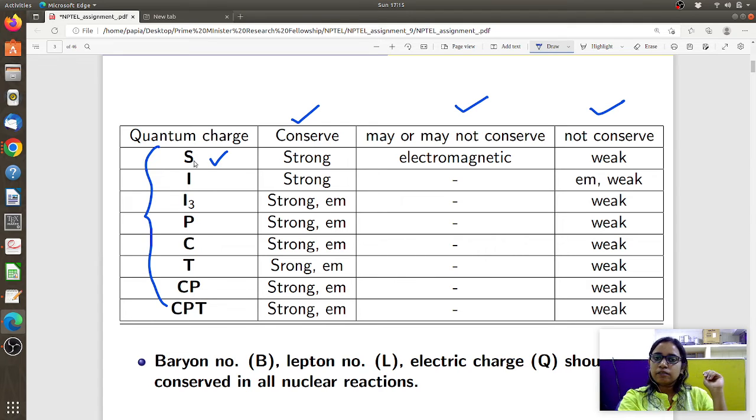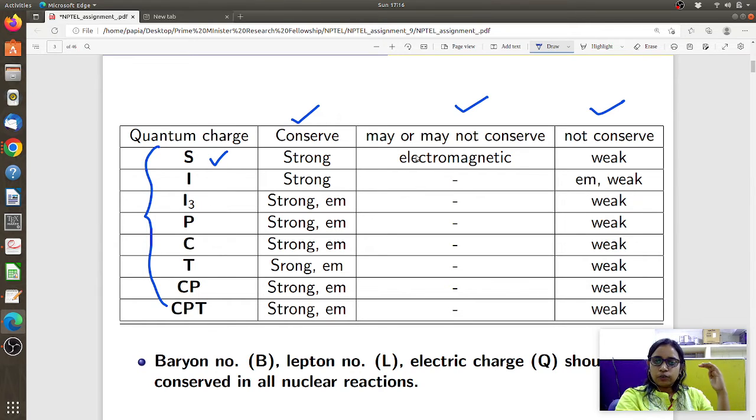Basically, for strong interactions all the quantum charges are conserved. You can see that in the conserved column, for the strong interaction all the quantum charges should be conserved.